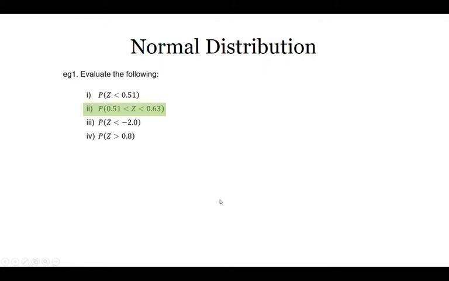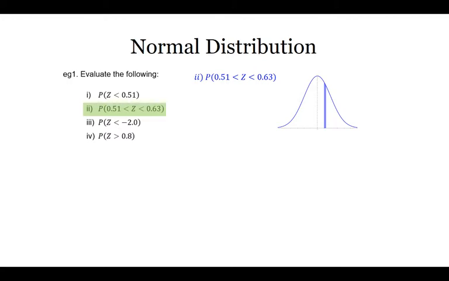Now this one is between 2 values, between 0.51 and 0.63. So we're actually trying to find an area that looks something like that, or probability. Now, although your calculator is capable of doing this, the exam board won't accept it if you just write down the answer here. So we need to be a bit cleverer.